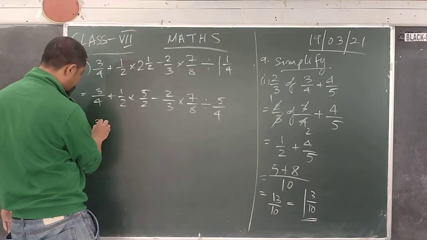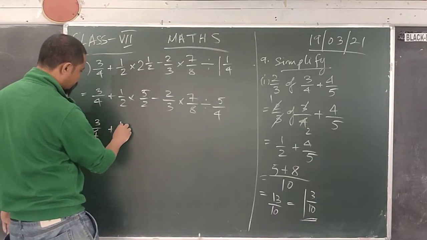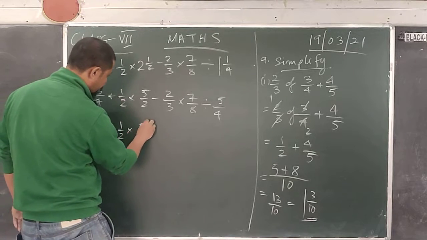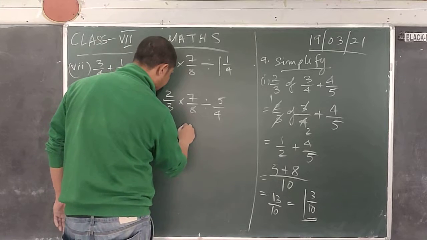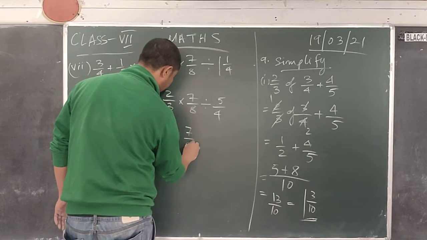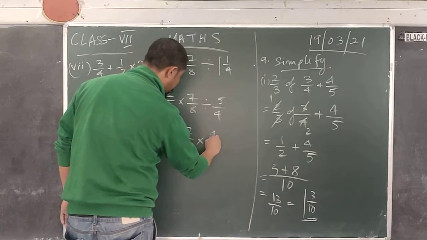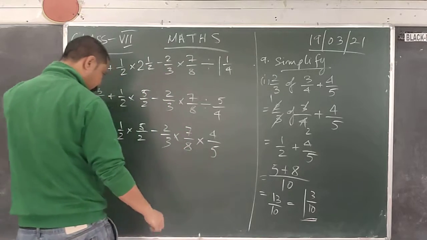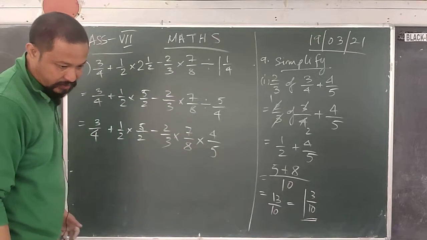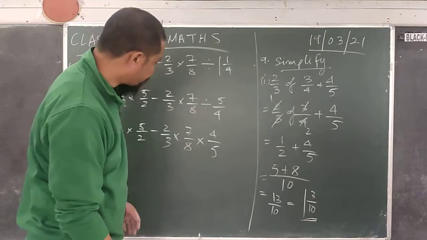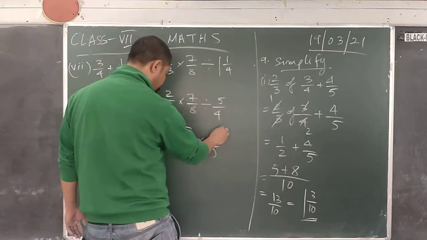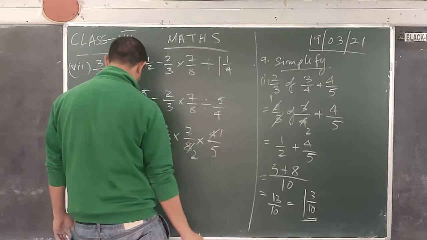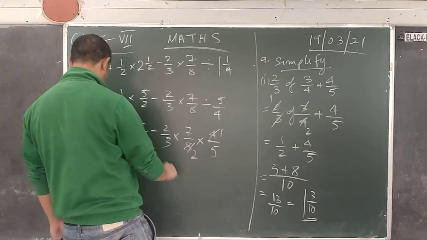So this becomes 3 by 4 plus 1 by 2 into 5 by 2 minus 2 by 3 into 7 by 8 into the reciprocal, 4 by 5. Okay, I think now whatever we can cut, we can cut. The rest, 4 1s are 4, 4 2s are 8, 2 and 5 does not go there.